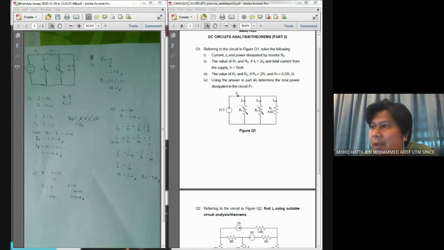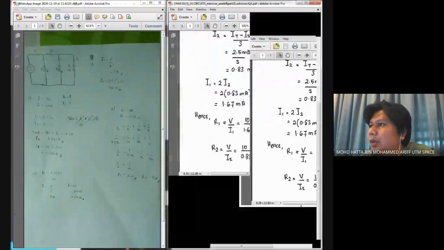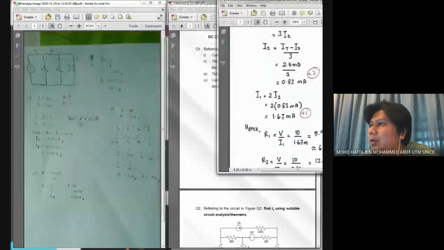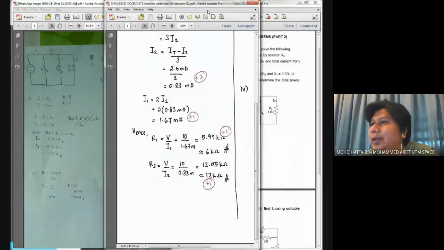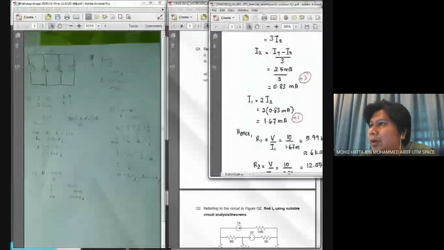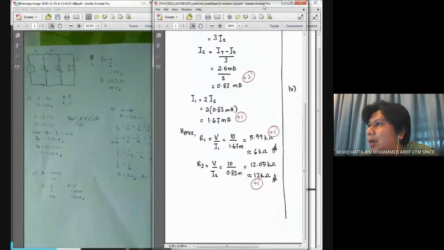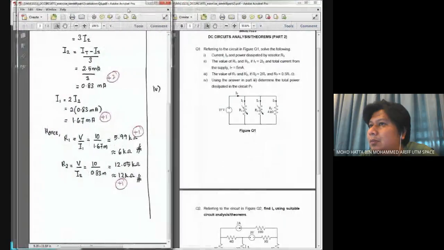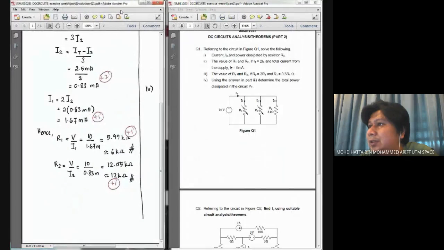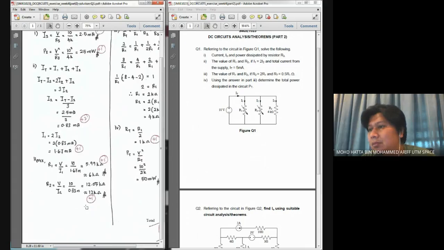Okay, I will share my answer. Okay, thank you so much, Mohaimin. Very good attempt. I can say, let's say, if this question is 10 marks, 60% or 70%, I think I can give the marks lah.